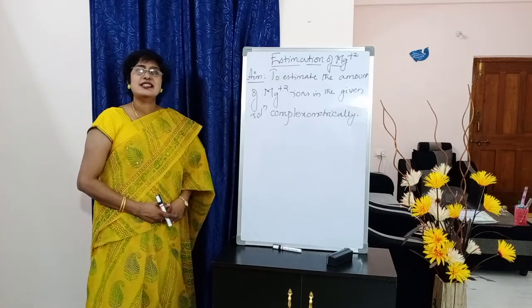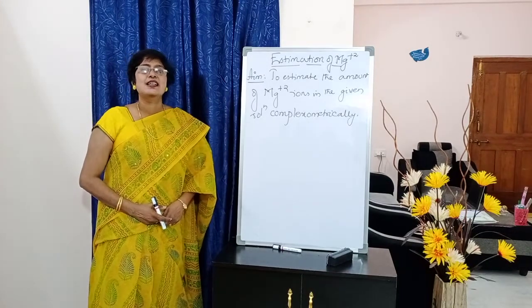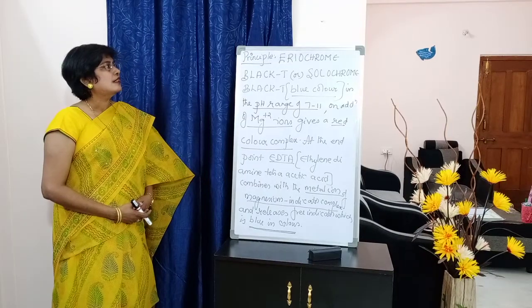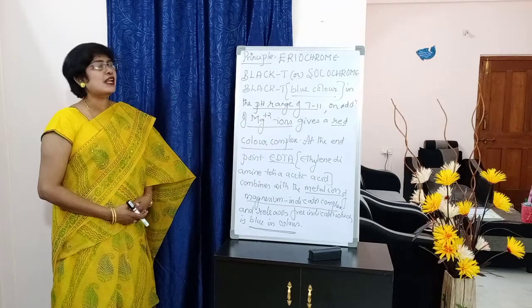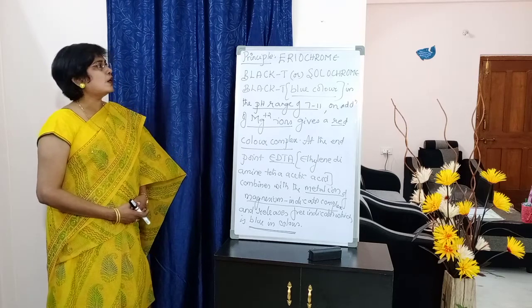What comes next to aim, students? Principle. So put the side heading principle. So students, here goes the principle like this. Write down. Have you put the side heading principle? Okay.